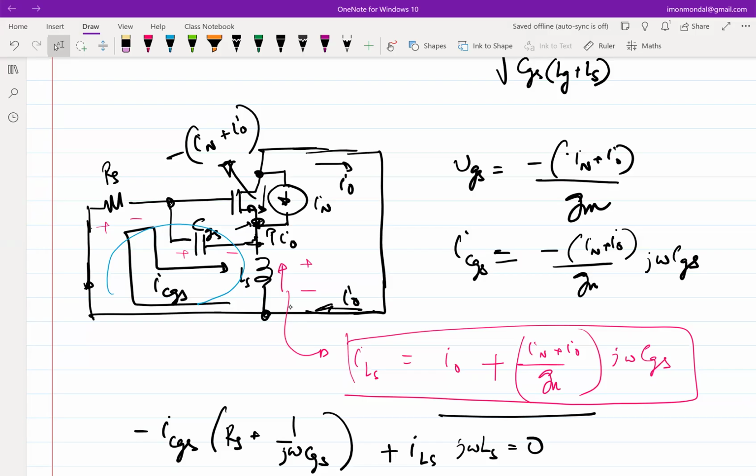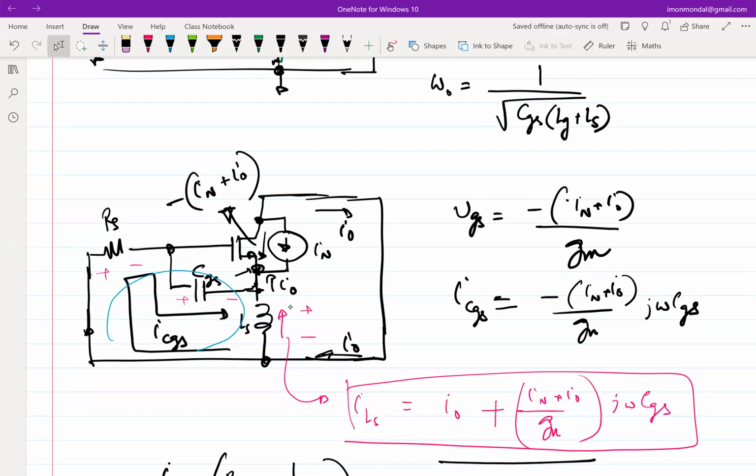So let's look from the beginning. If that current is I naught, this direction is IN, this is I naught, that is also fine.